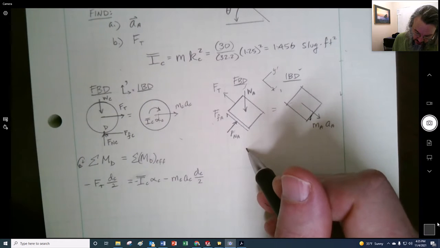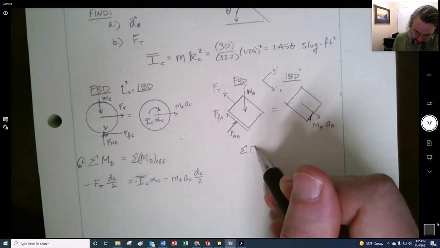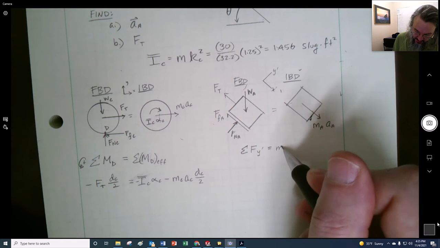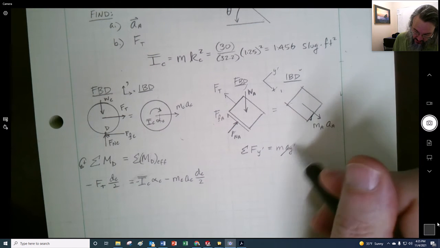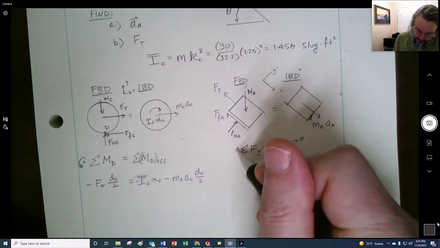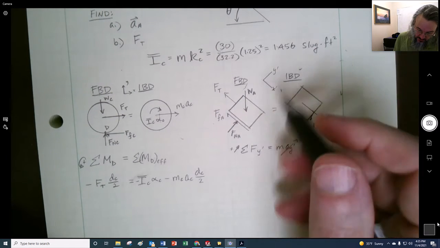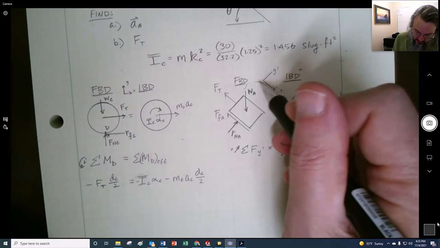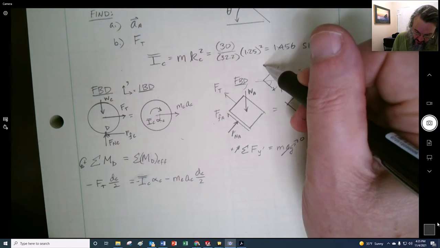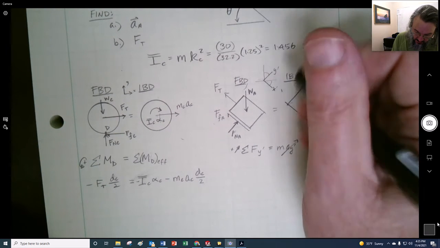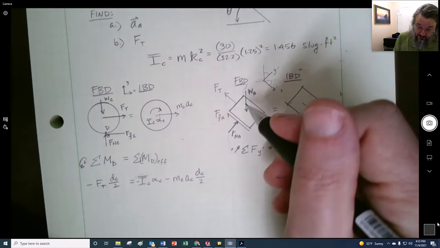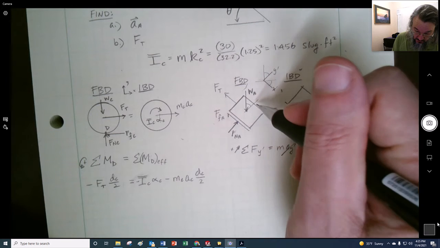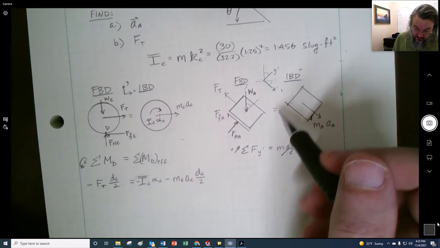Now for this one, I'm going to go the sum of the forces in the y prime direction is equal to mass times acceleration in the y prime direction, and we know that equals 0. So this angle right there and right here, this is the 55 degrees, right? So that's 55 degrees.